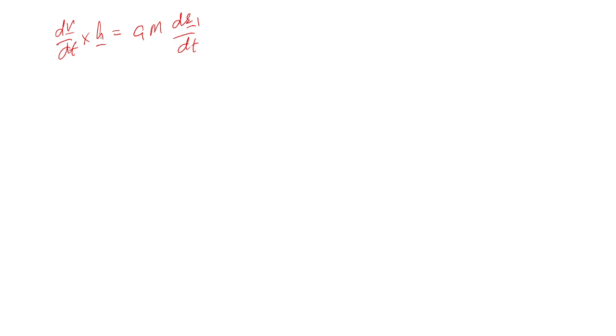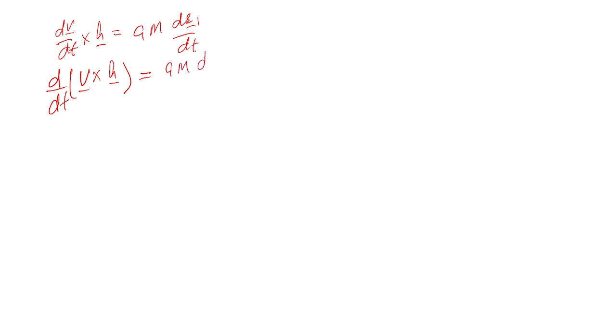Now h is a constant vector, so I can write this side as d over dt of v cross h, because when I differentiate v I will get this, but when I differentiate h, that is 0 because this is a constant vector.